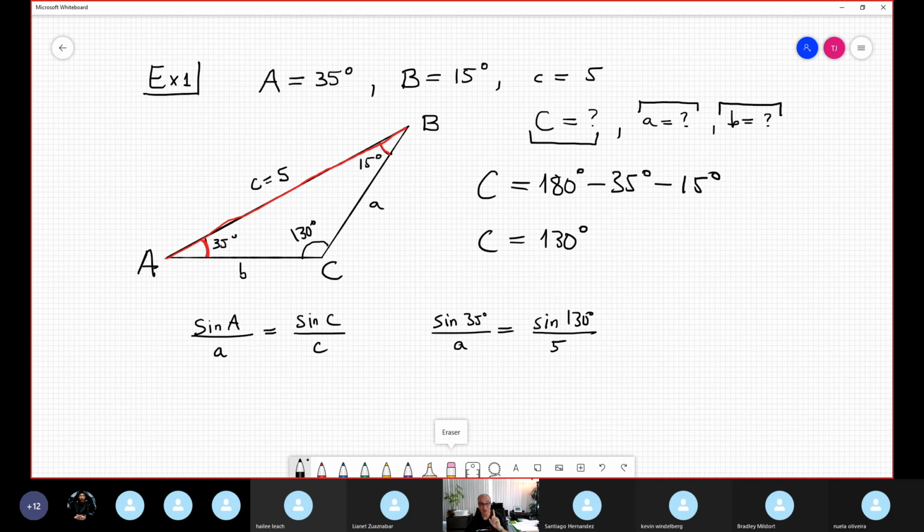I select 5 because we have C, lowercase c, that is the side of this. So it is important to have the angle of the opposite side, which is 130.